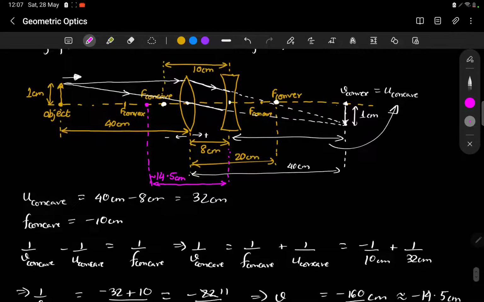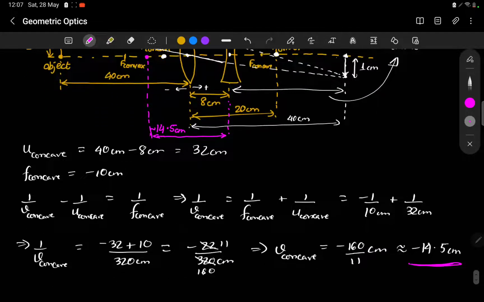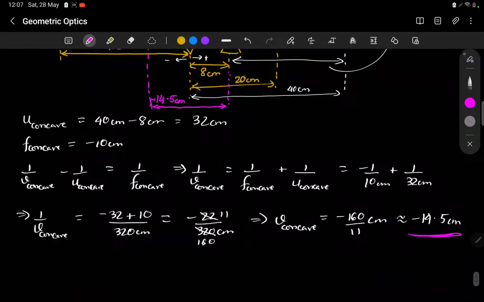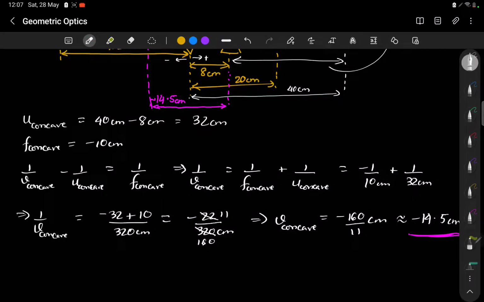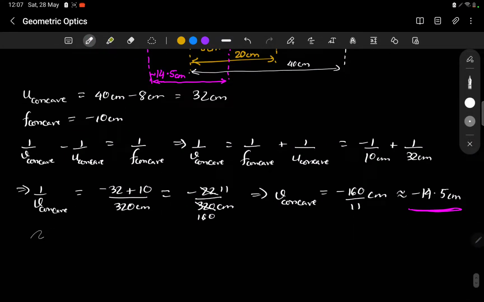And now we need to find out the height of the image. So magnification is minus 14.5 centimeters divided by 32 centimeters.